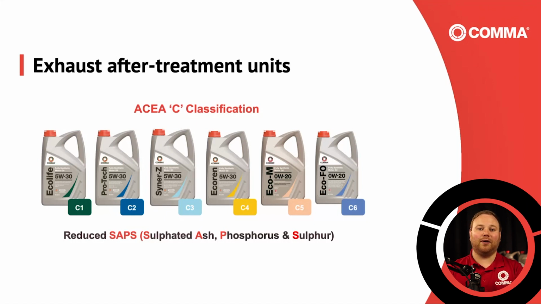With the increasing number of unique manufacturers' specifications that are appearing, this isn't always enough to identify the right oil for the application. As an example, the difference between C3 and C5 can be 2% on emissions, however, this is led again by manufacturers' requirements, which have led to a range of unique specifications that relate specifically to catalyst-friendly oils.